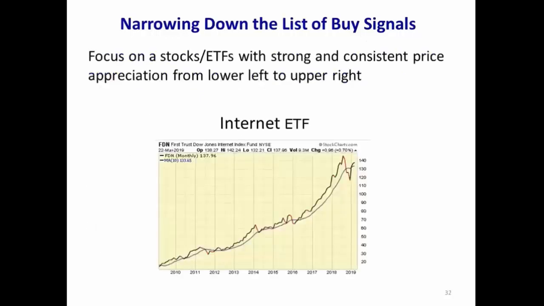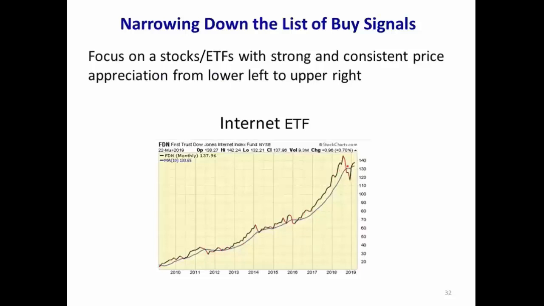And this is a 10-year chart of the Internet ETF symbol FDN, and you can see the monthly price of FDN was in a strong price uptrend and very consistent uptrend. And as we like to say, it went from lower left to upper right.